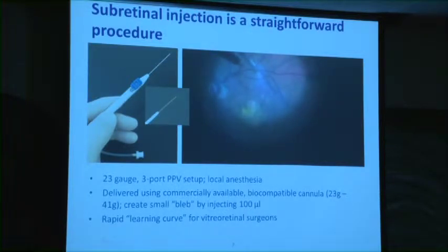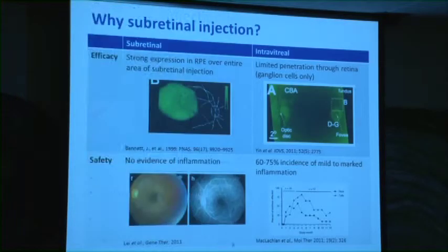It takes a vitreoretinal surgeon a couple of tries to really understand the procedure because it's not currently performed commonly, but after that is fairly facile. And so this can be done under local anesthesia, and it's delivered using a commercially available biocompatible cannula.